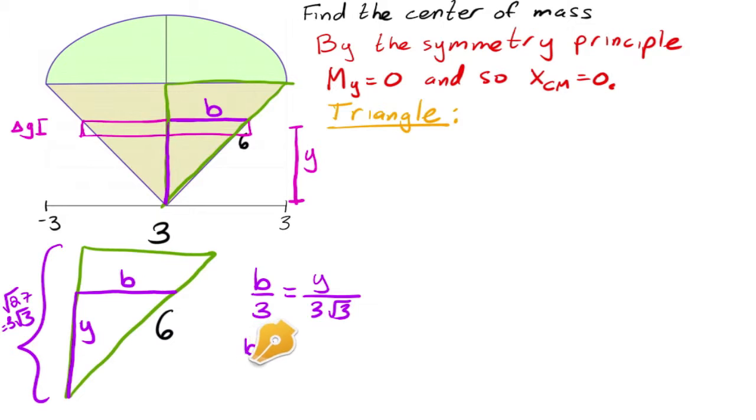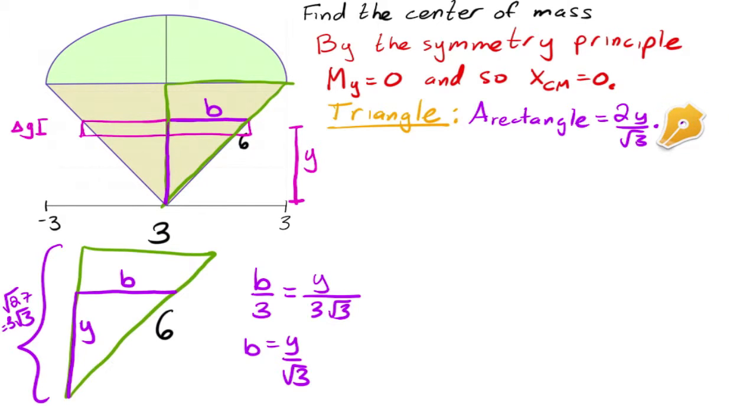Okay, so then that means that b is equal to y over square root of 3. So then what that means is that the area of this little rectangle is simply equal to twice b, so 2y over square root of 3 times delta y.